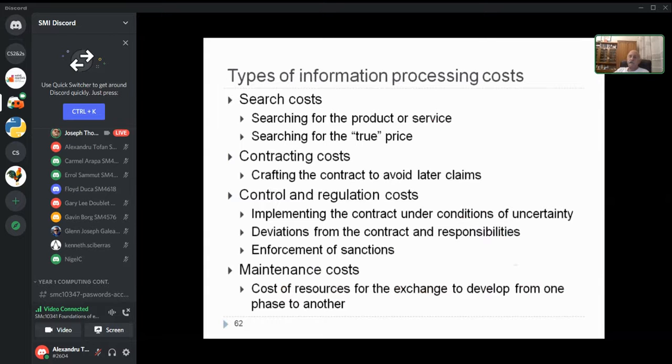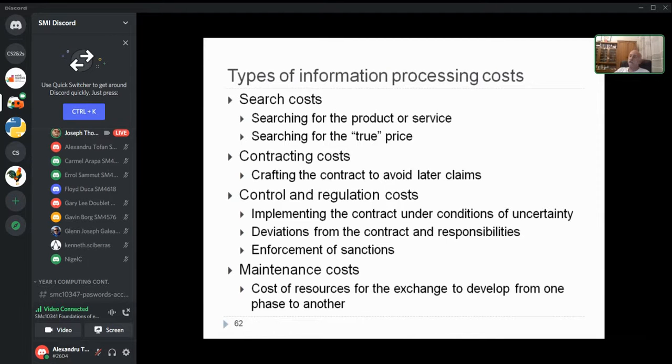And with transaction costs, we see that there are different types of information processing costs for every transaction. First of all, there are search costs: searching for the product or service. Where can we get this product from? Where can we get this component from? Who are the various suppliers?